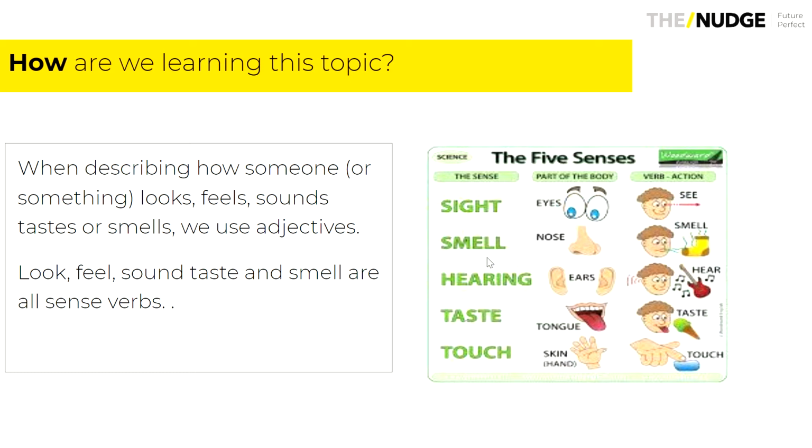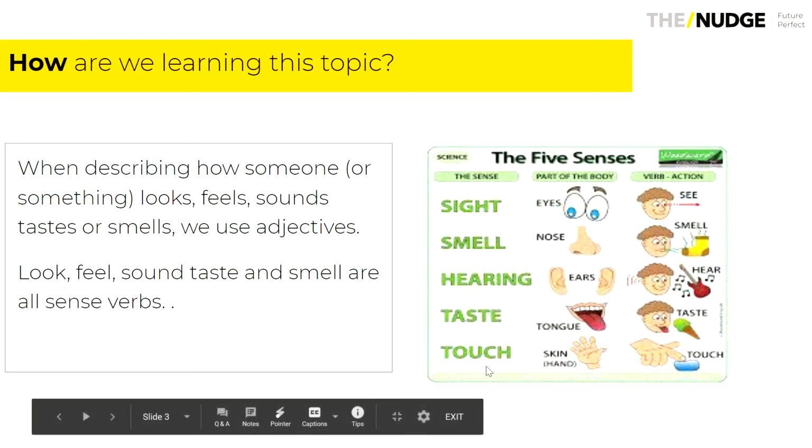Similarly, for the sense of smell, that we get from the help of our nose, we use the verb smell. For the sense of hearing, we use the verb hear. For the sense of taste, we can use the word taste. And finally, for the sense of touch, we use the verb touch.